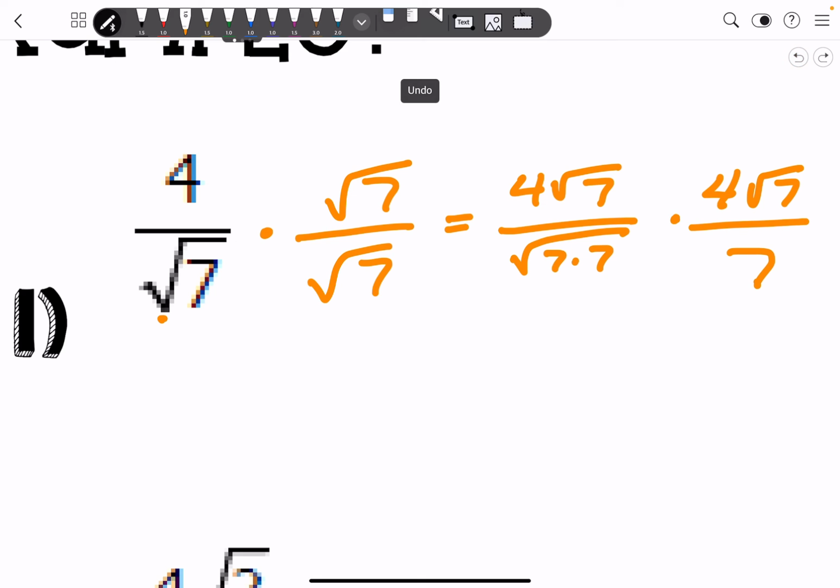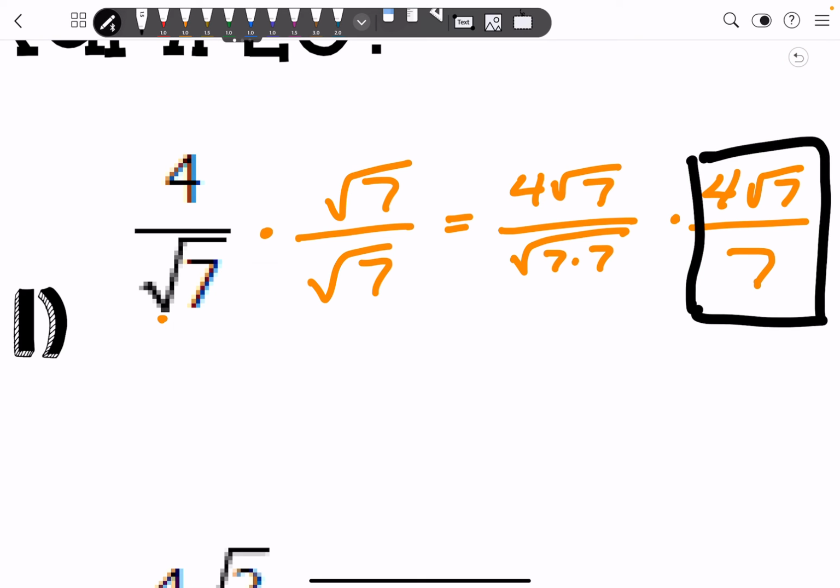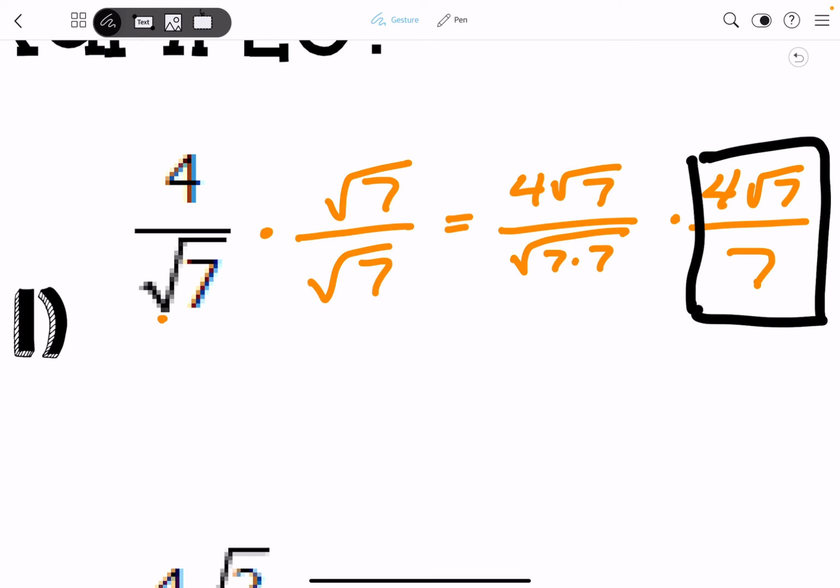Those are both on the outside. Do not try to "one" these two out. That's not a thing. This one is protected by its radical. This one doesn't have one. They don't belong together. This is your final answer.